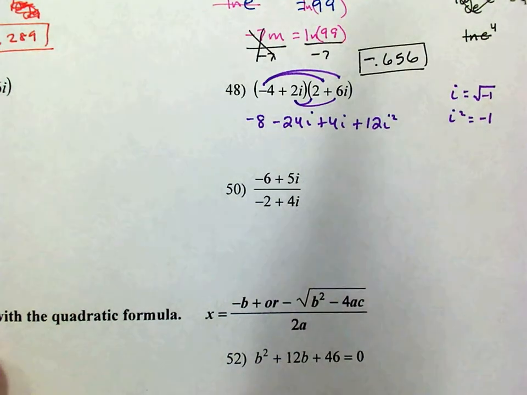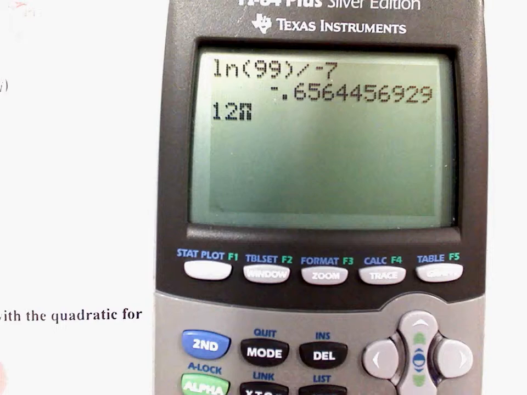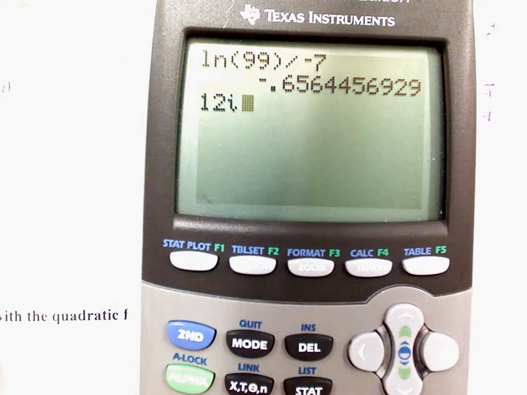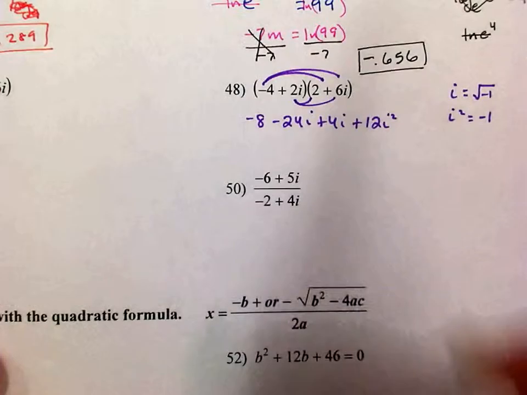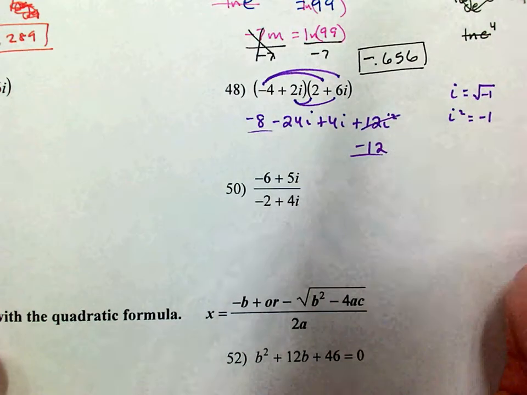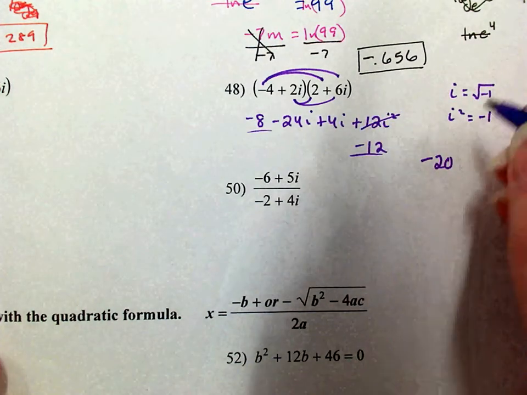If you're not sure, type in 12 i squared. i is above the decimal. And then square it. And it'll tell you negative 12. Okay? So then that's just minus 12. Negative 8 and negative 12 is a negative 20. Negative 24 and positive 4 is also a negative 20, but a negative 20i.